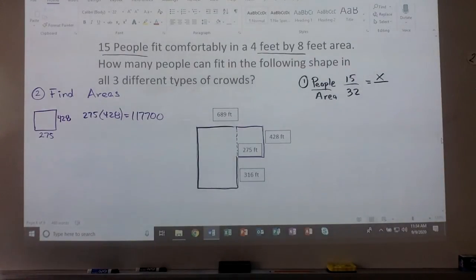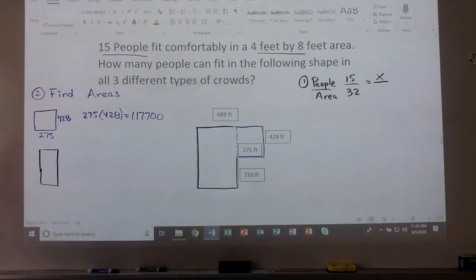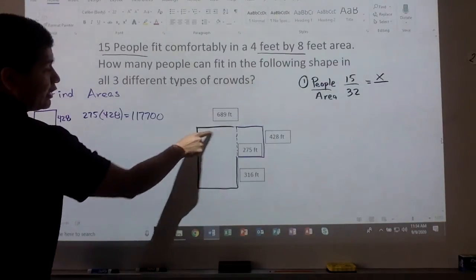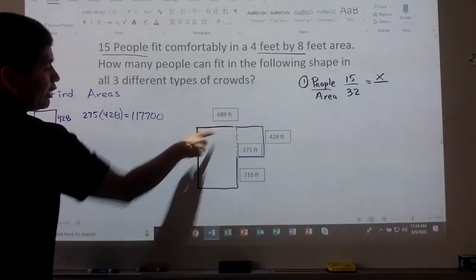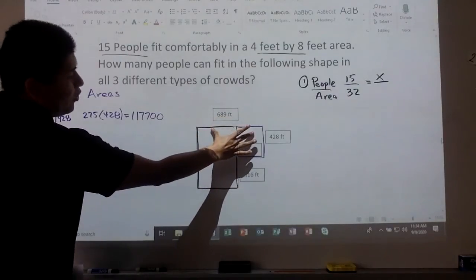The other portion comes. I gotta find the one for the longer side. So, same thing. I gotta figure it out. I wanna know the size of this shape. I mean, this side. This information here is telling me 689 is the whole line.